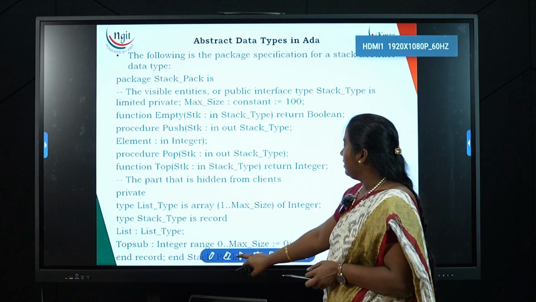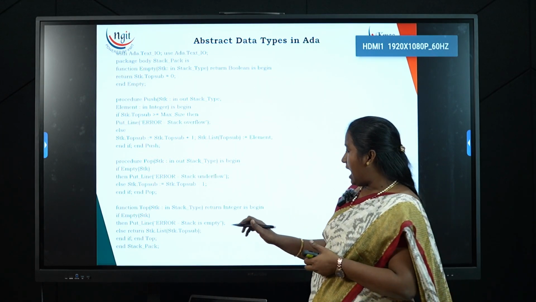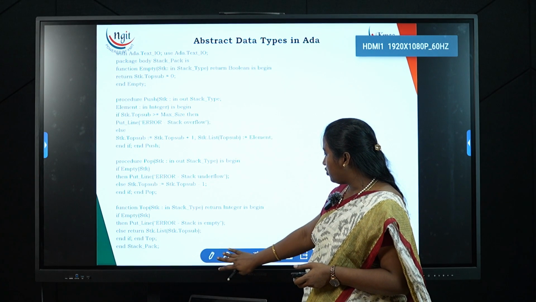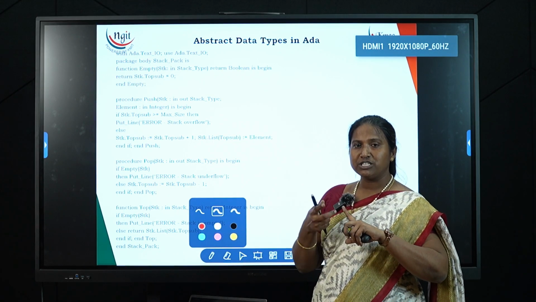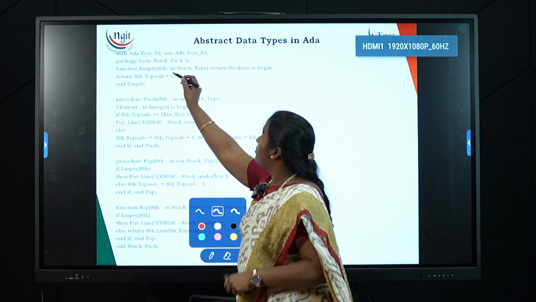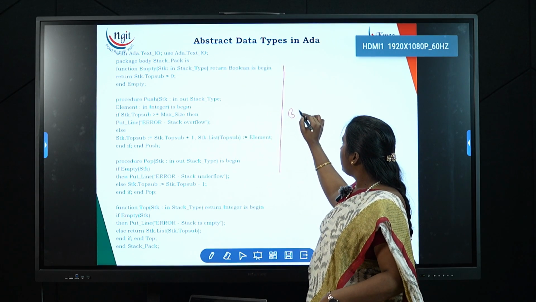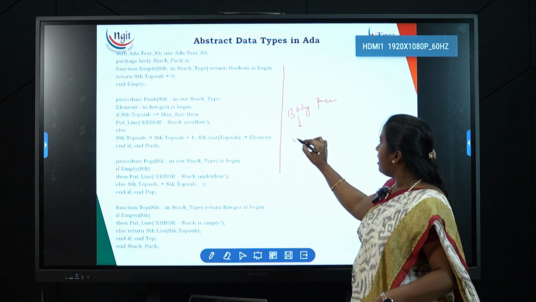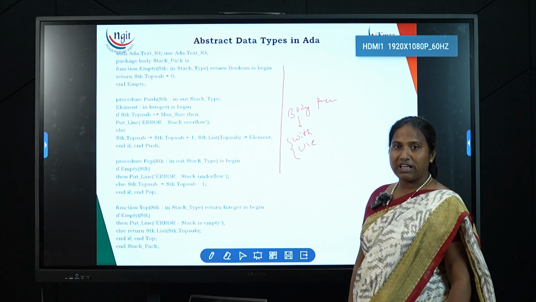Now look at the other thing, which is the body package. I said in the previous slide that ADA will contain two kinds of packages. One is the specification package, the other one is the body package. So this is the body package. The entire code is the body package, and this package will have two clauses, with and use.